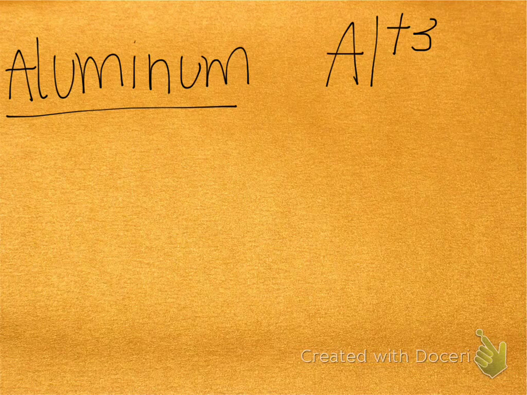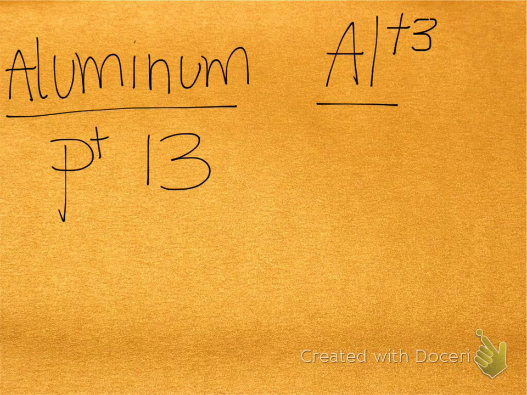So here's another one for you, aluminum, and we have Al +3. So if we look at our periodic table, find those protons first. Protons come from the atomic number, so we're going to have 13 of them. Now we are +3, which means that we have 3 more positives than we do negatives.